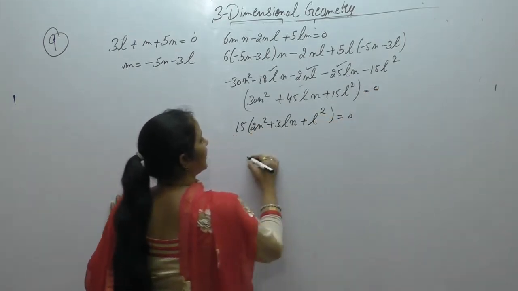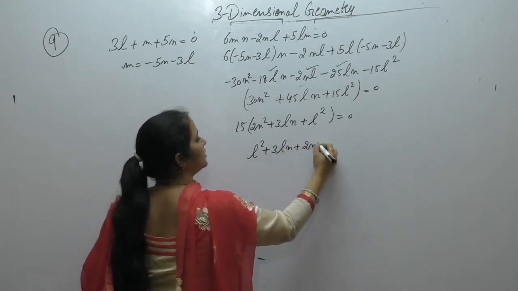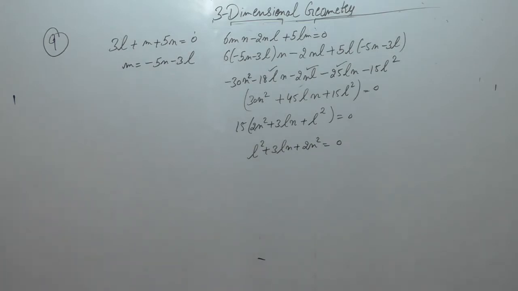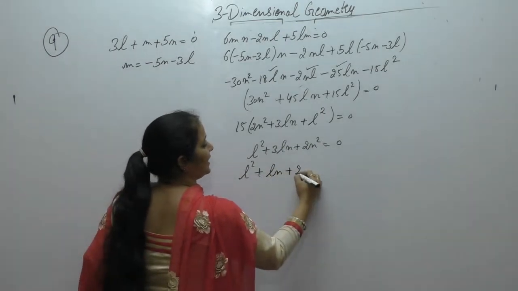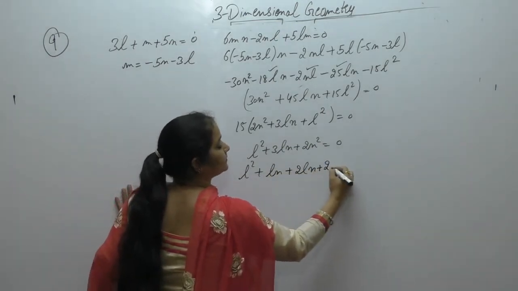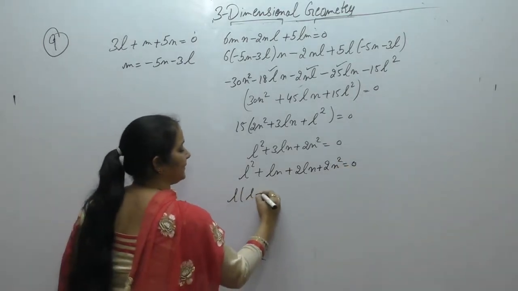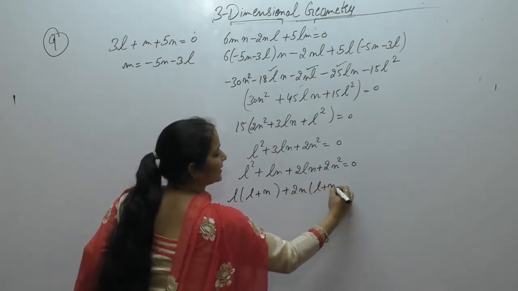Now this is the quadratic: l square + 3 ln + 2 n square = 0. Factorize it. l square + ln + 2 ln. Take l common, l + n. 2n common, l + n.